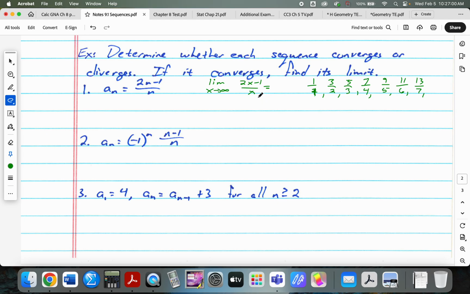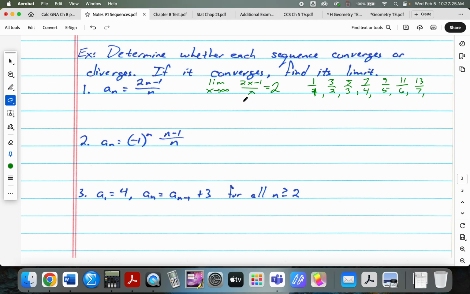And in the denominator, we only have one term. And then 2x over x is equal to what? 2. That's kind of the way I approach that. I always look at the dominant terms. If it's a polynomial, the dominant term as x goes to infinity, or negative infinity for that matter, is always going to be the term with the highest power.